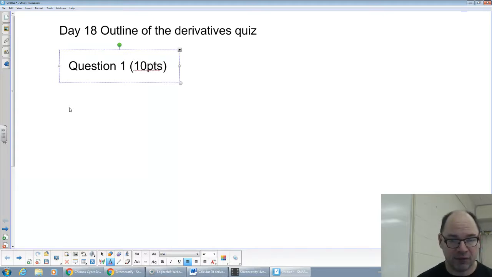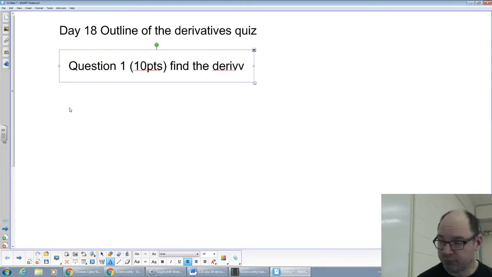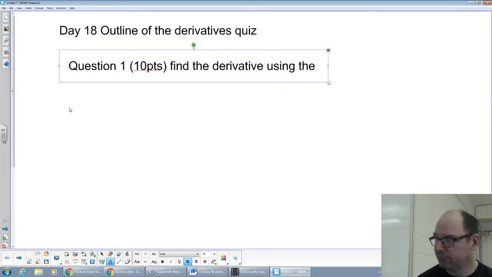Using the appropriate rule, find the derivatives.